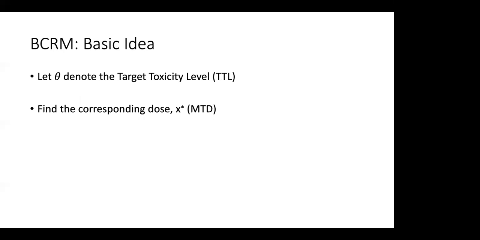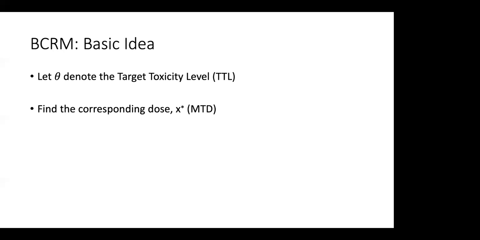For us to be able to use the BCRM, we need to first decide what our target toxicity level is. For example, in the 3+3 design, the target toxicity level is 0.33. And the BCRM gives us the flexibility to choose any possible target toxicity level.